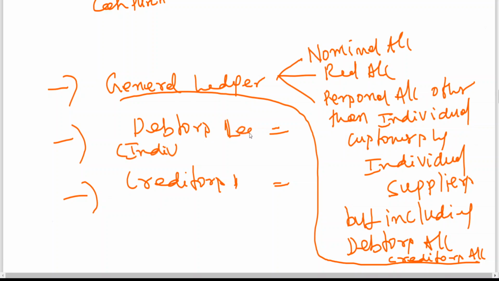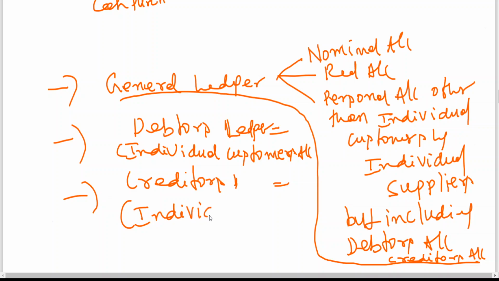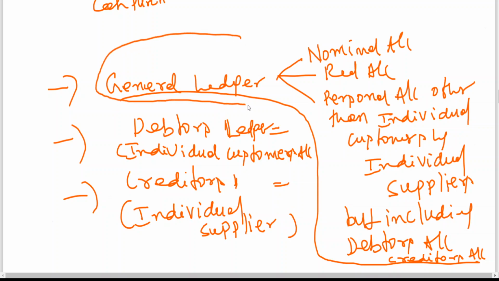Debtors ledger, you show individual customers account. Creditors ledger, you show individual suppliers like Paper Co, Brown and Co, etc. When you prepare trial balance, generally we will be taking general ledger only.